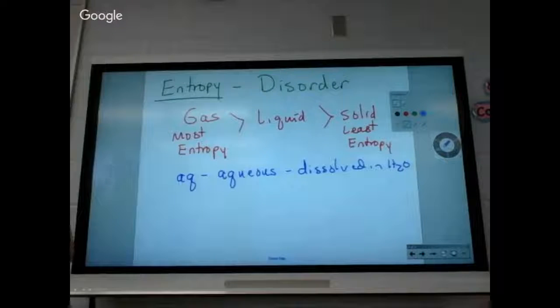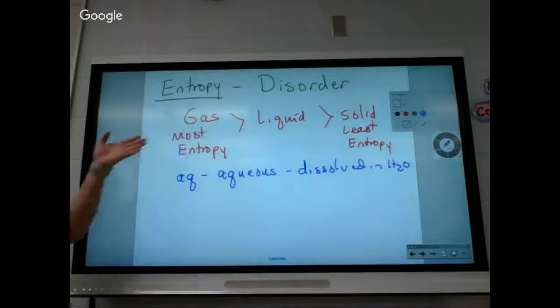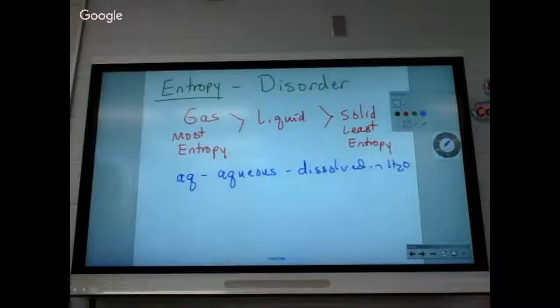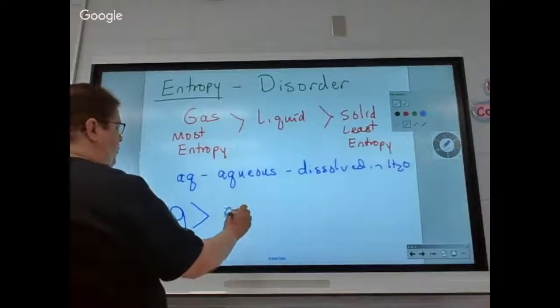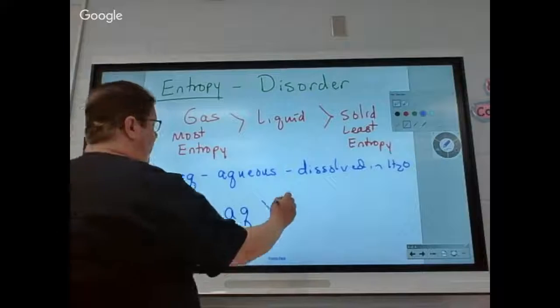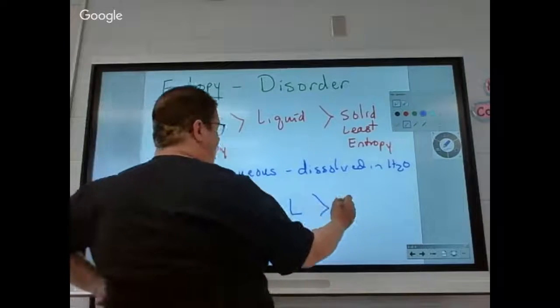So where is aqueous going to fit in this disorder line we have? Is it going to be between gas and liquid or between liquid and solid? Gas first. It's the greatest. Then aqueous. Then liquid. Then solid.